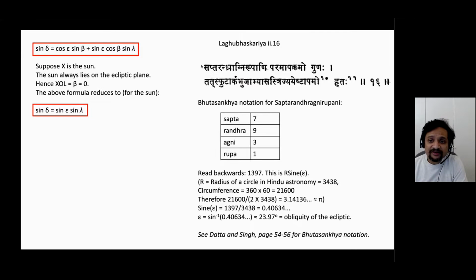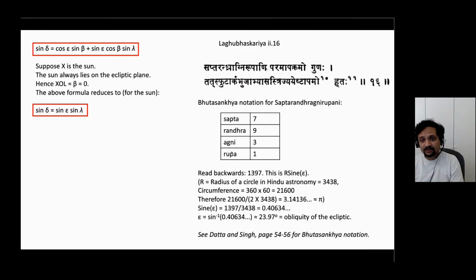So in this verse, the very first word, Sapta Randhragni Rupani, consists of four words: Sapta, Randhra, Agni, and Rupa. I have written them down here in this table. Sapta is literally the Sanskrit word for seven, so there is no doubt about what this means. The rest of the words follow the Bhuta Sankhya system of notation. In this system, numbers are expressed by certain words.